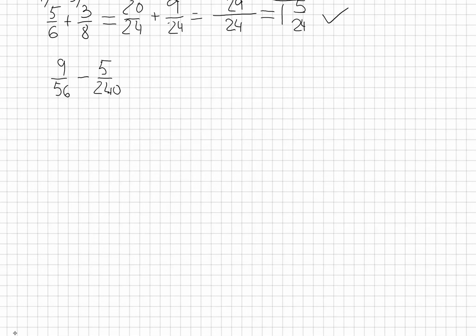So the next multiple of 240 is 480. I have no idea that fast if 56 goes into 480. So I'm going to proceed with using the other method. How do we do it? Well, we cannot compute them because the denominators are quite large. So let's break them.